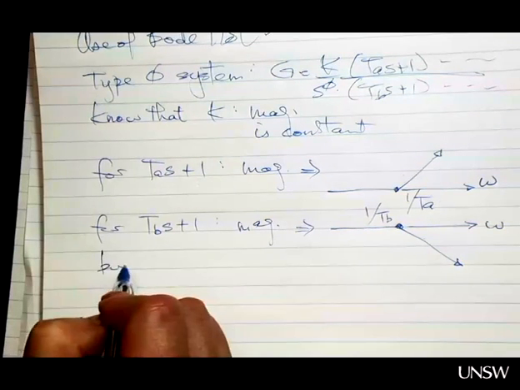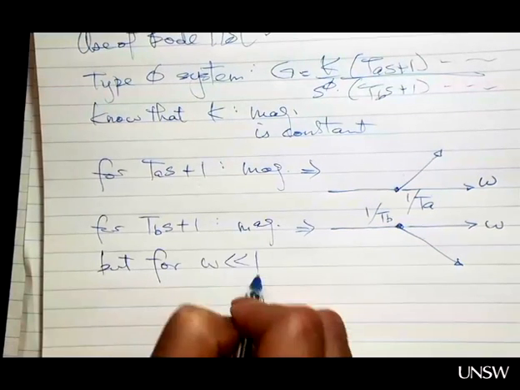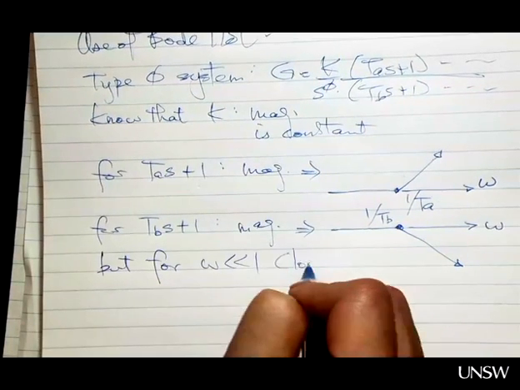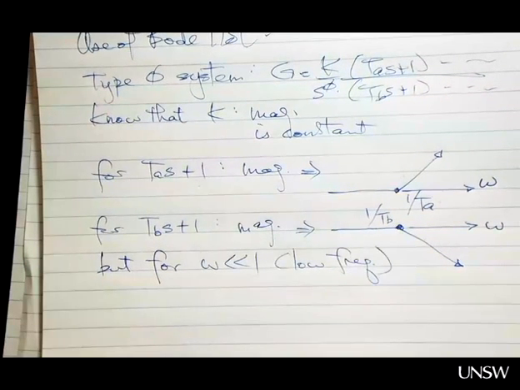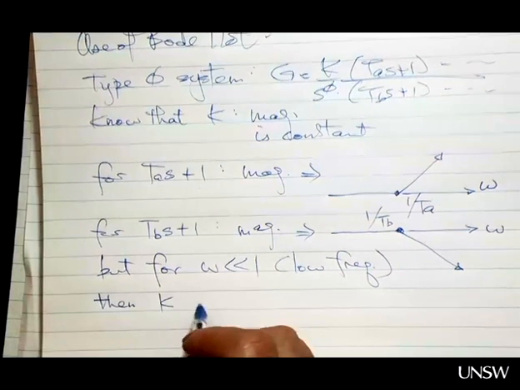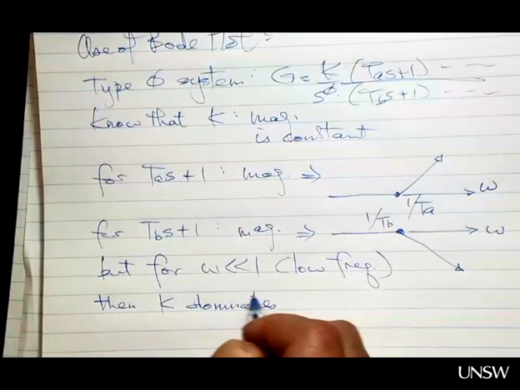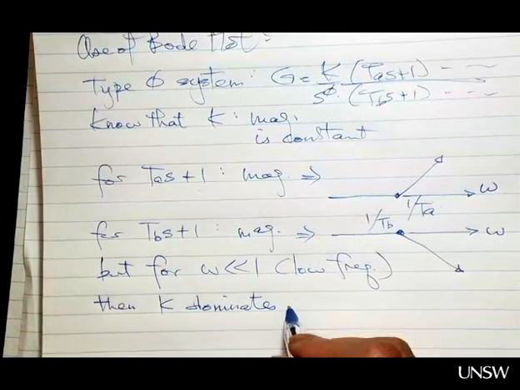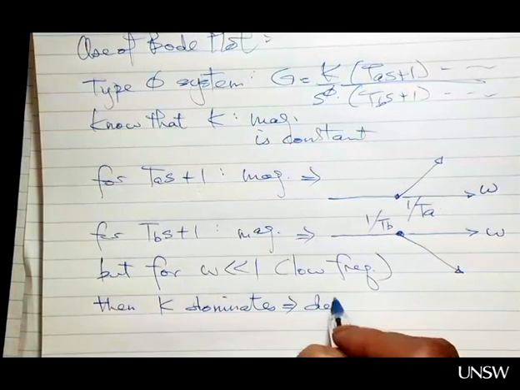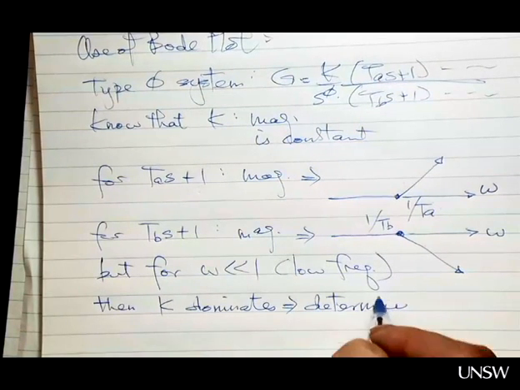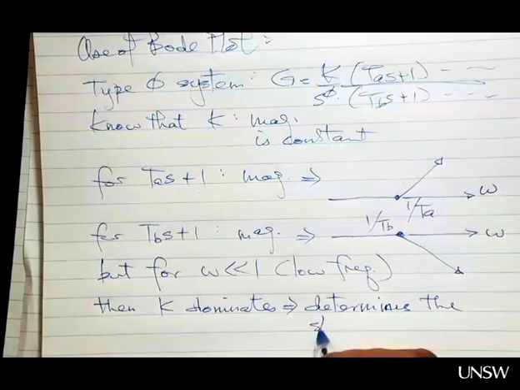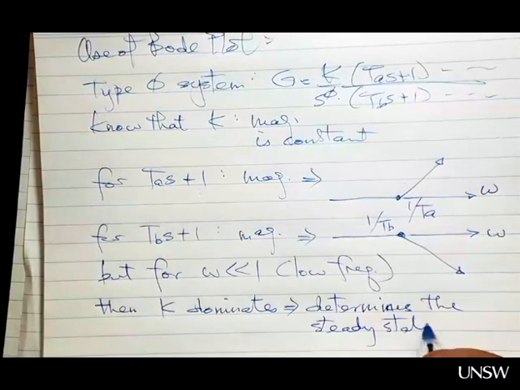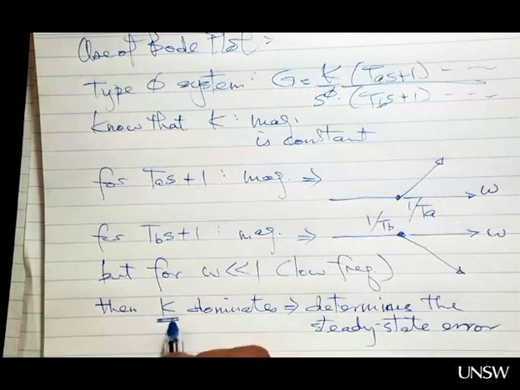But for omega much smaller than 1, or the low frequency, K dominates, and it determines the steady state error. So it is the K itself.